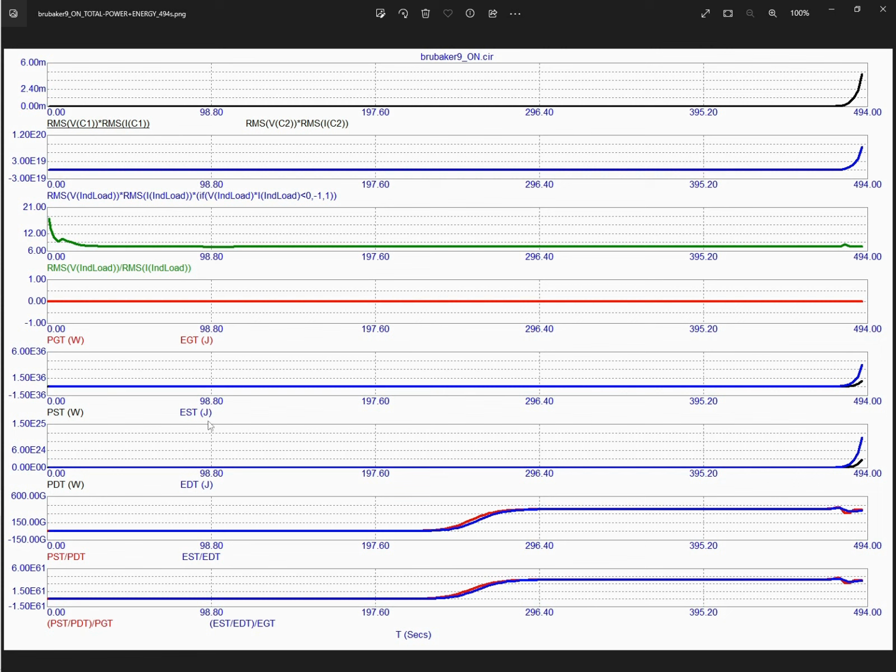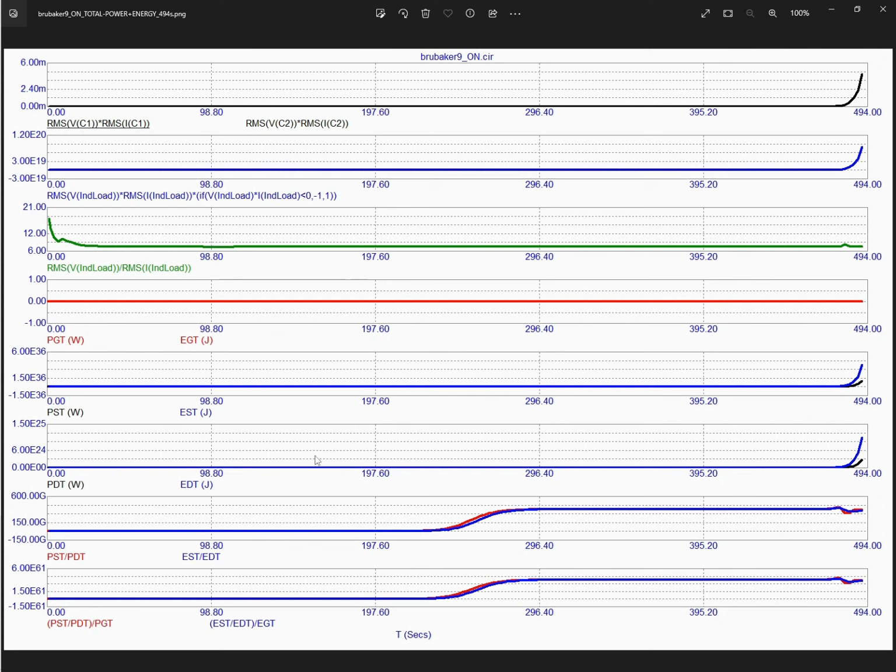Well, that was the joules, actually. The wattage was down closer to 1e36. So the energy wasn't much bigger, but it was slightly more than the power.